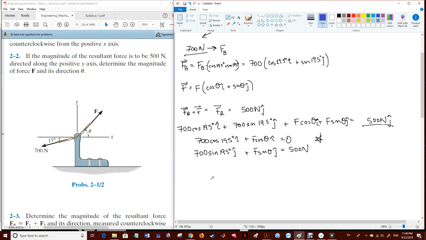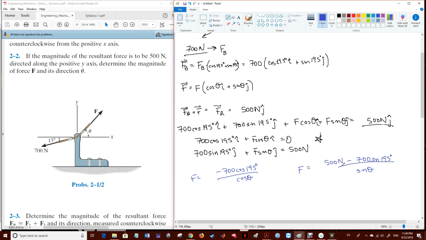So here what we could do is, with the first equation, I could explicitly solve for F, which gives me negative 700 cosine of 195 degrees divided by cosine of theta. And if I do the same with the second equation, when I isolate F, I get 500 newtons minus 700 sine of 195 degrees, all divided by sine of theta.